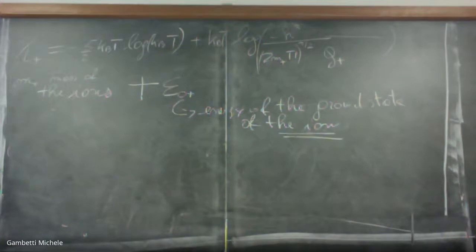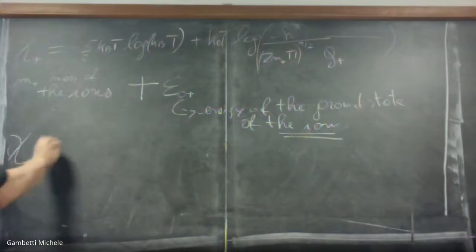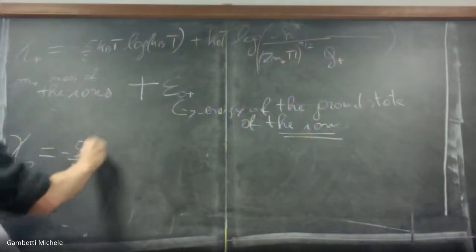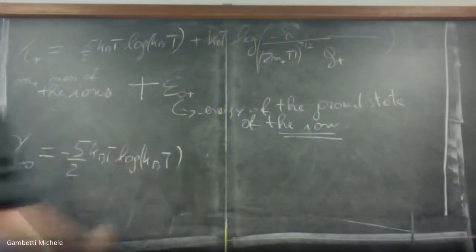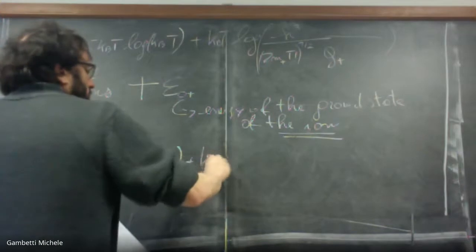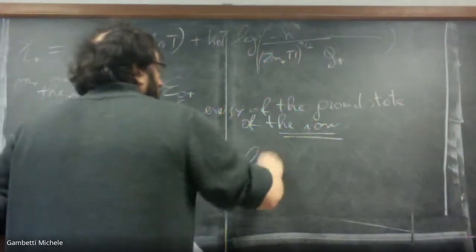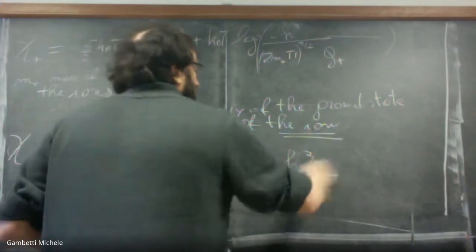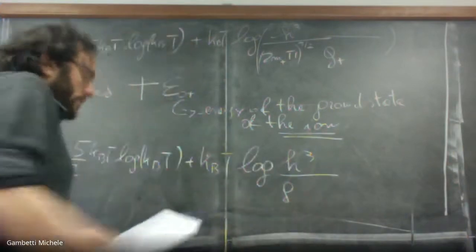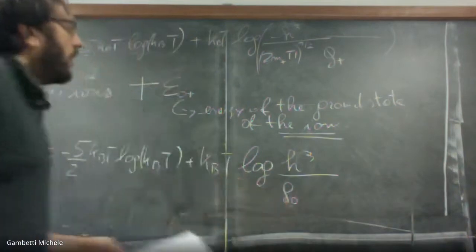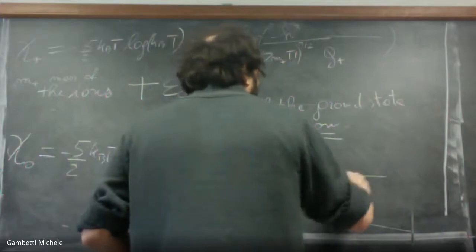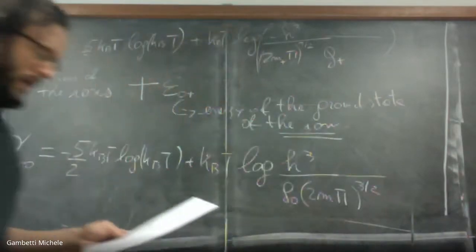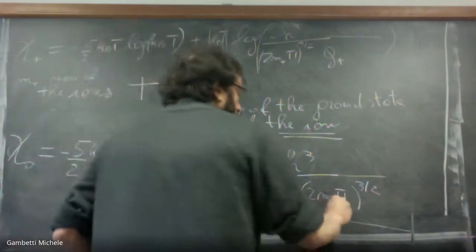So let me write down the same formula for the neutral atom, which is chi0. The first term is always the same: kBT log of kBT plus kBT log of h cubed. Here I have G0, the degeneracy of the neutral atom. Then I have 2m pi to the power of 3/2, and here let me put m plus.